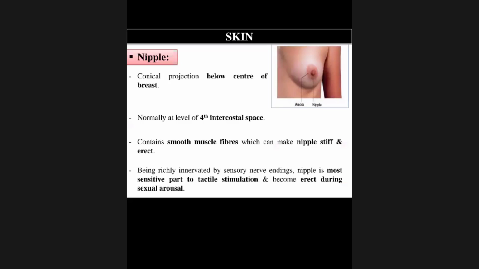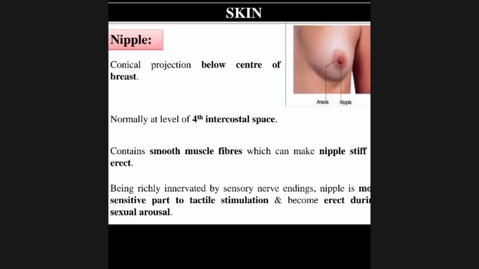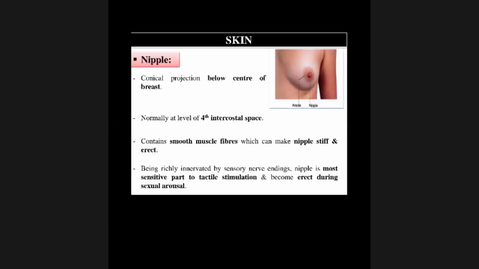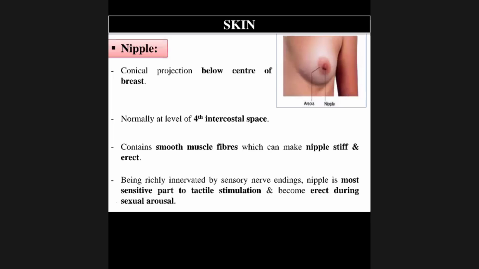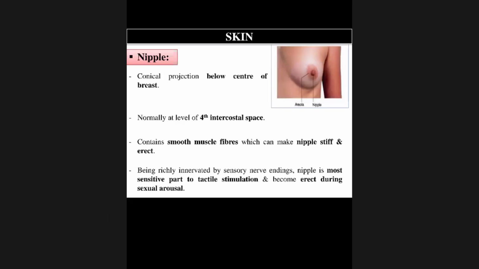The nipple is a conical projection just below the center of the breast. It is a part of the skin only. Normally the nipple is present in the fourth intercostal space. You will study the intercostal space in detail in the respiratory system.